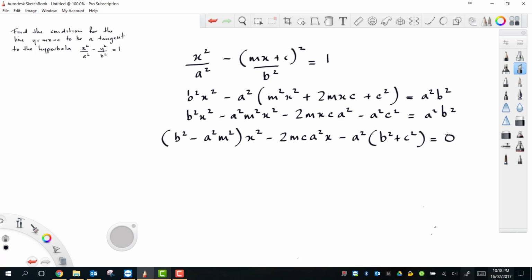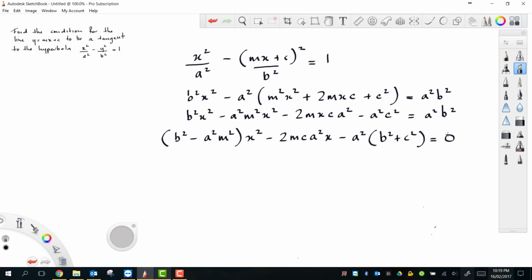Well, the trick here is to bring in a little bit of quadratic theory. If this line y equals mx plus c is to be a tangent, that means that it touches this hyperbola at one point only, which means that this quadratic that we've got can only have one solution.